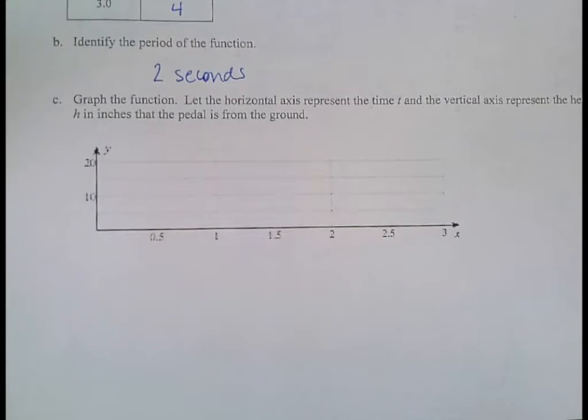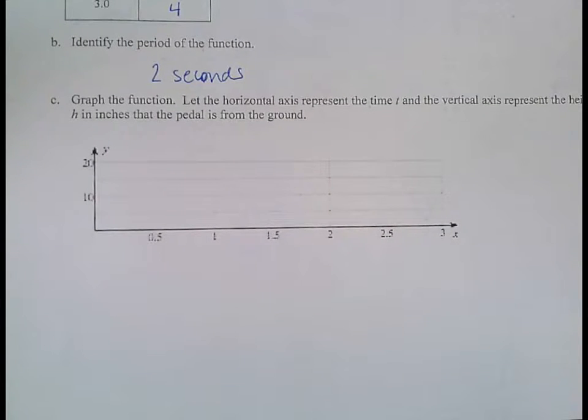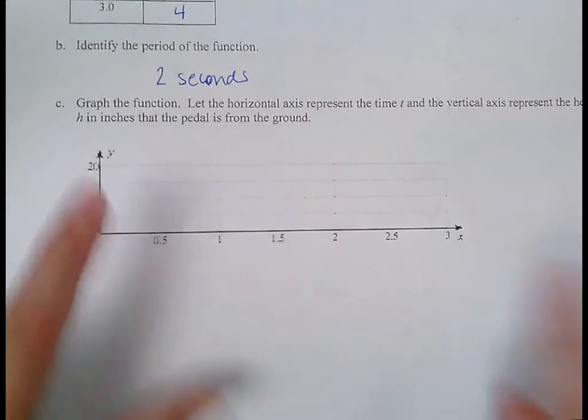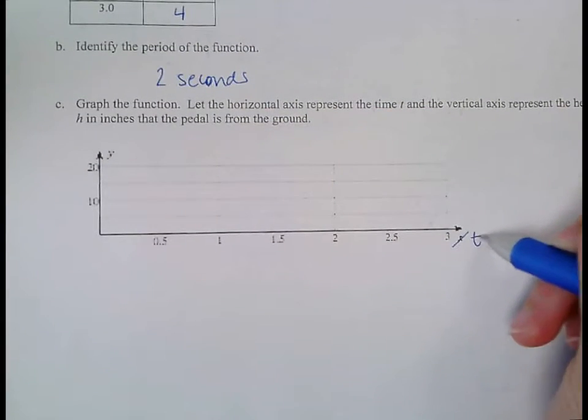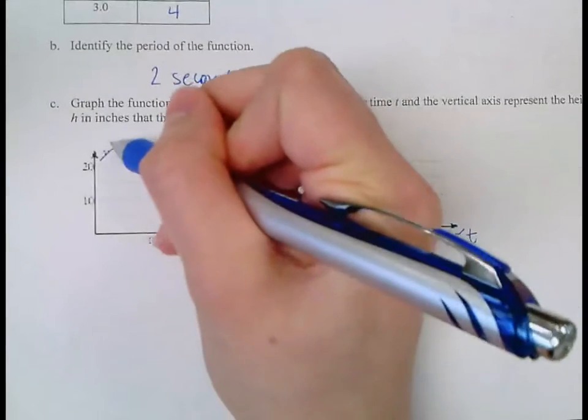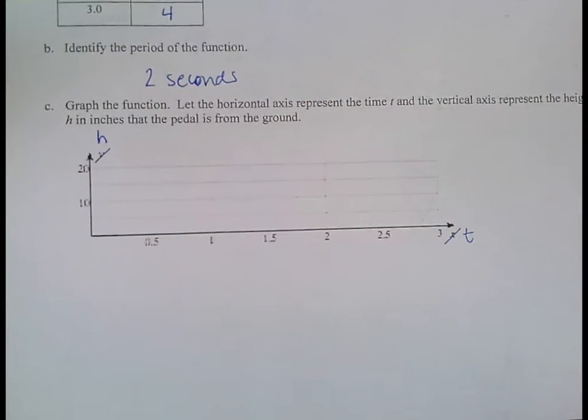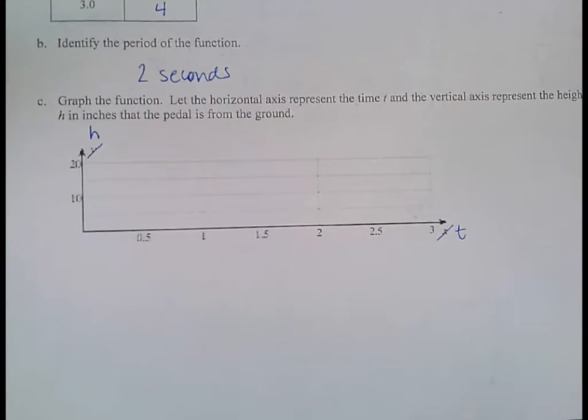Then in part C, you're graphing the function, letting the horizontal axis represent the time t and the vertical axis represent the height h in inches that the pedal is from the ground. I know I have x and y on here. I can change that. The x-axis is time. The y-axis is the height of the pedal. This will allow you to visualize what this would look like graphed out.